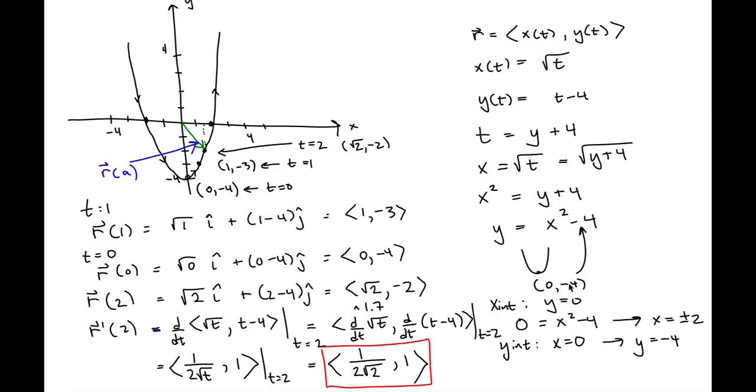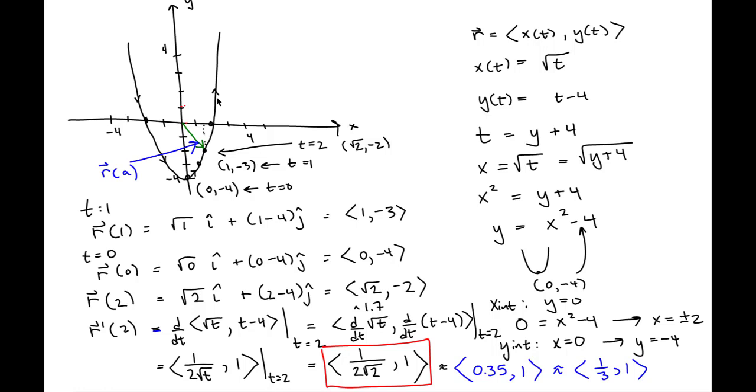Now we want to sketch this. So to sketch it, I am just going to recognize that this value, this derivative, is approximately equal to about 0.35 for the x component. 0.35 is approximately equal to 1/3. And so in my sketch, I am going to sketch a vector that has an x component of about 1/3 and a y component of about 1.